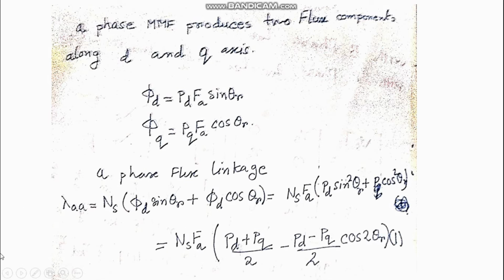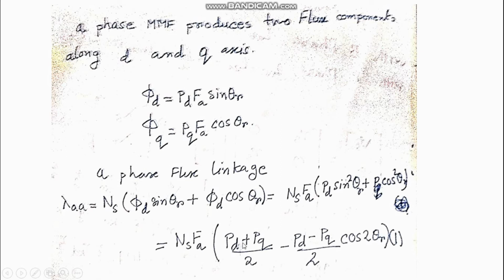You will also have a constant flux linkage, which happens in a cylindrical rotor synchronous machine or a cylindrical rotor induction machine, right? Now another interesting thing here is that the second term is responsible for the saliency, because this part is not explicit due to saliency.